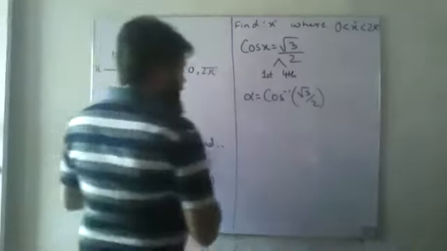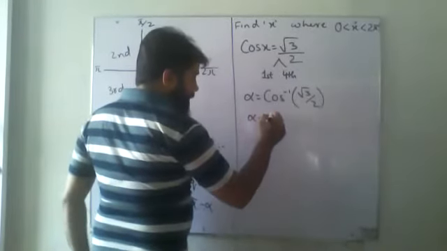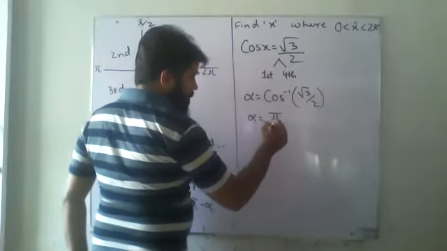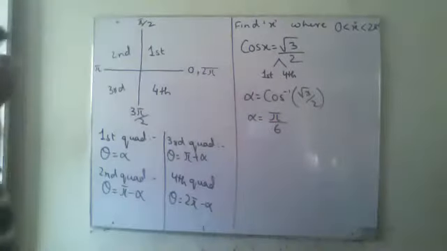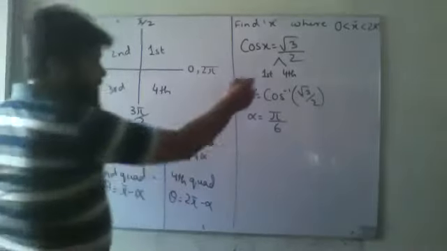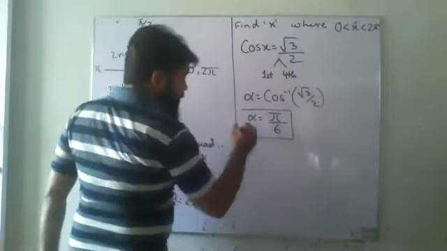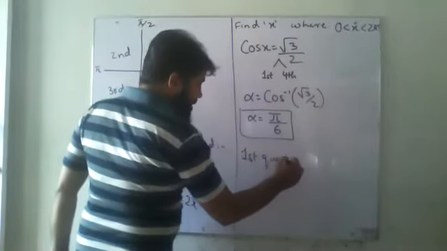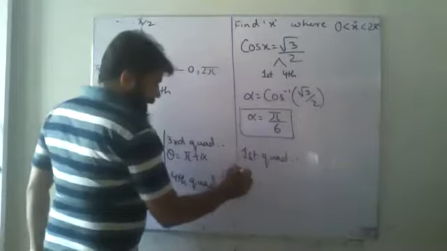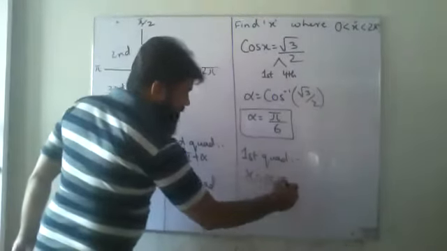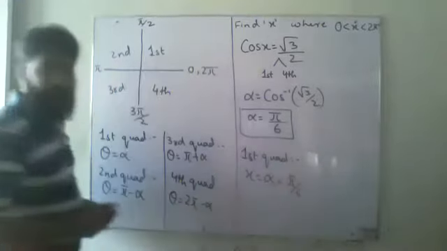So the value of alpha comes to pi over 6. Now I have to find it in the first quadrant and fourth quadrant. In the first quadrant, x will be equal to alpha, and alpha is pi over 6. So no change in it.